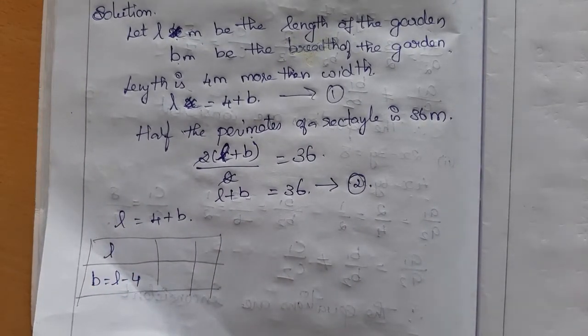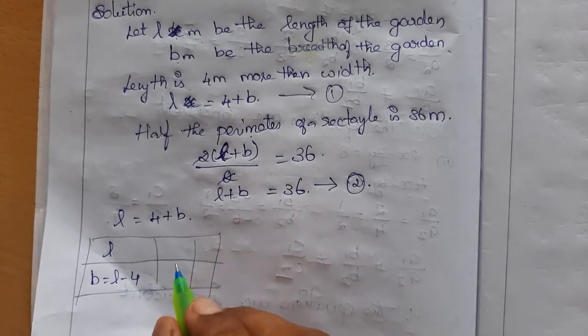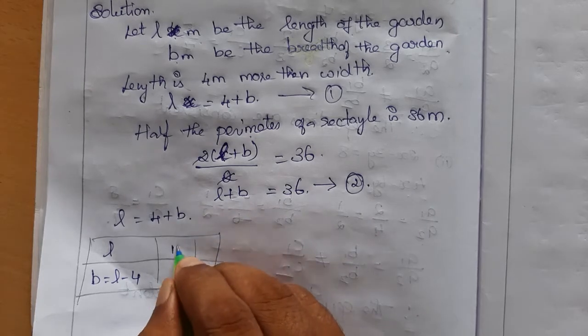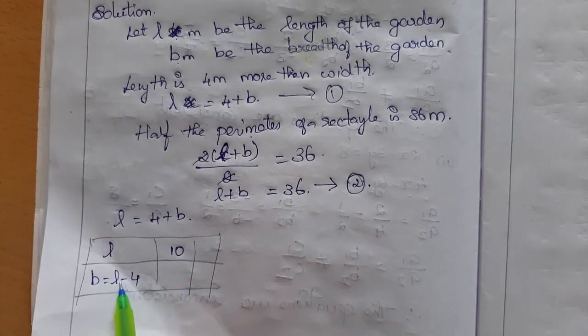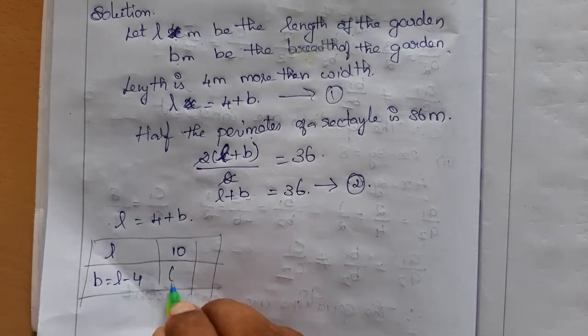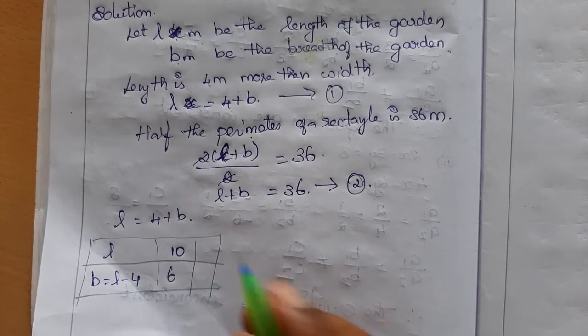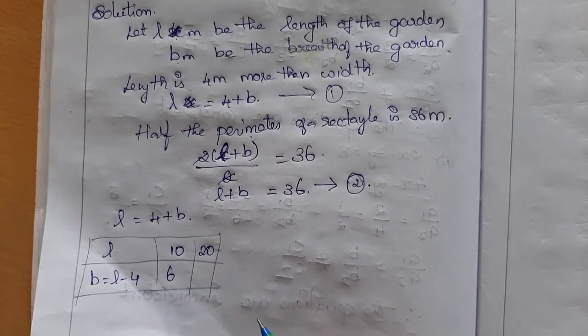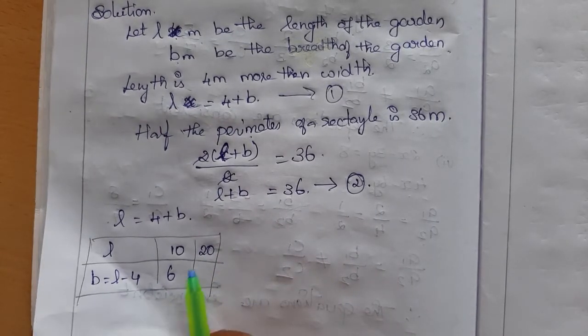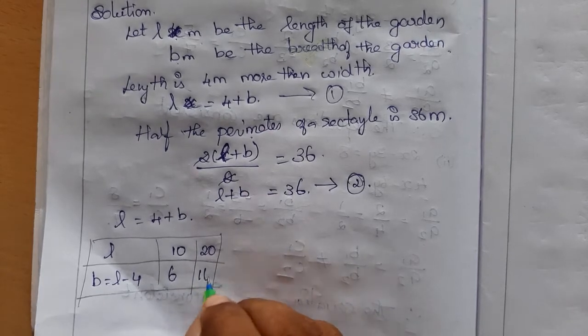So if we consider L is equal to 10, then 10 minus 4 will become 6. And consider 20. You can consider any value, I'm just considering 10, 20. So 20 minus 4 is 16.